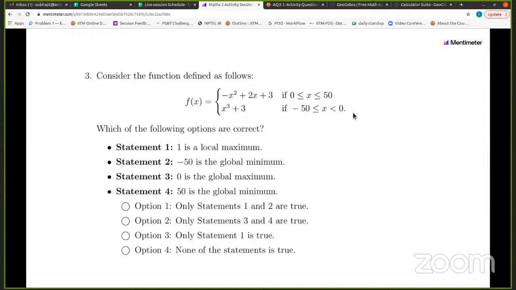But the answer is card 3. Yes, sir, the answer is third. Okay, let me check it.